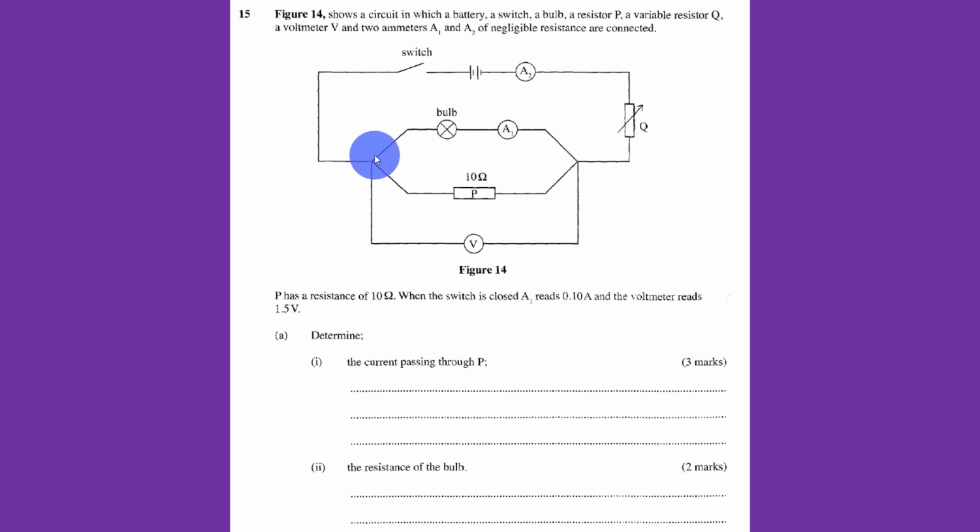So I know the voltage across this bulb is equal to the voltage across P, which is 1.5 volts, just like we had been given here. The reading of this voltmeter tells us the potential drop across this and across that. And because we know the current which flows through A1 is 0.1, we can use that voltage and that current to work out the resistance of the bulb.